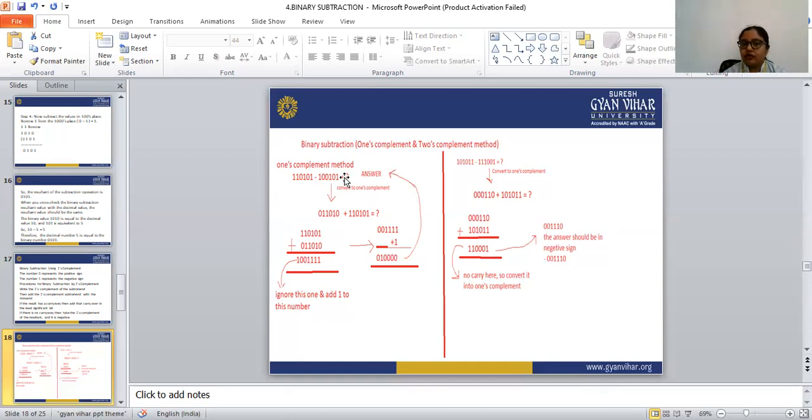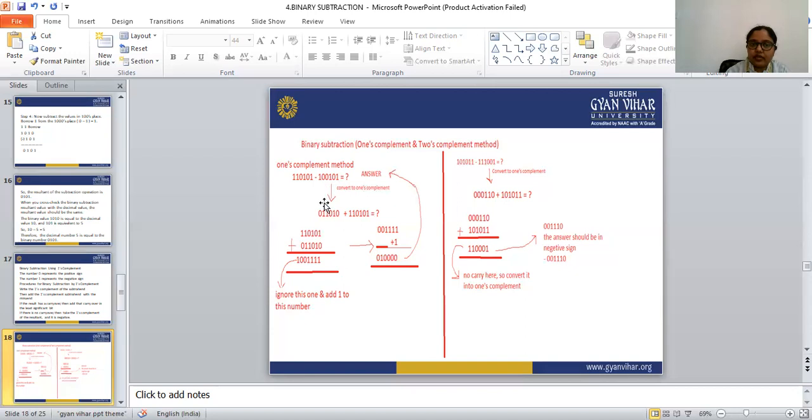What we have to do is convert the second digit into the ones complement number. For converting into the ones complement number, we just invert this number. It means in the place of 0 we write 1, and in the place of 1 we write 0. So that is the ones complement number.